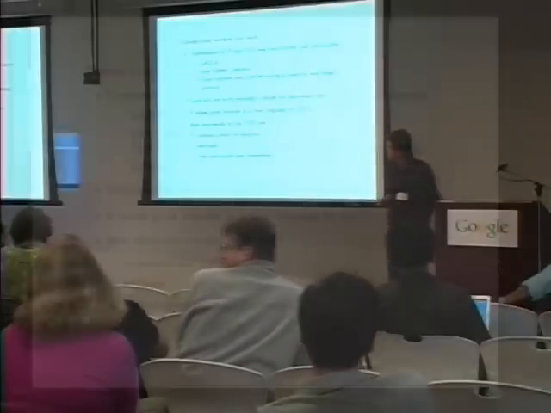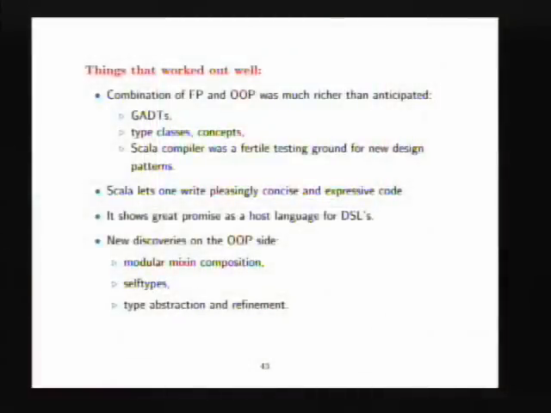In my experience, the combination of FP and OOP has worked exceptionally well, better than we first suspected it would. Scala really lets you write quite pleasingly concise and expressive code. It's also really great for hosted domain-specific languages.